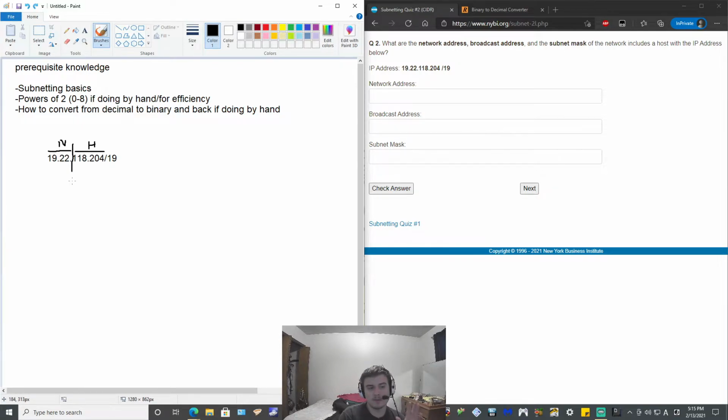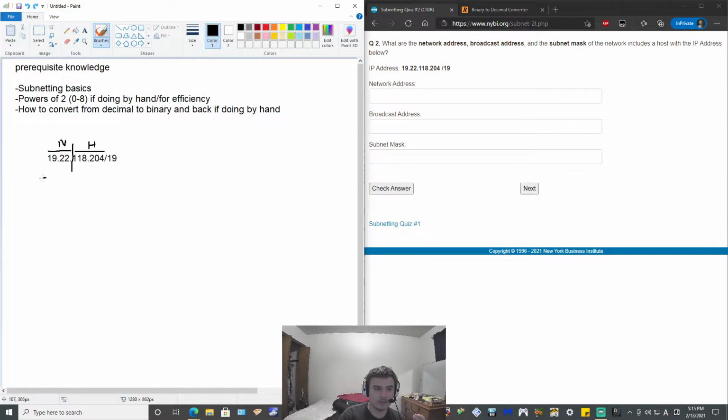Now, if you think of the subnet mask, we got 255.255. So what are the bits remaining? Well, if this was /16, we would have 255.255.0.0. But they borrowed 3 host bits and gave them to the network. So there's 19 network bits in total. If you think about it, 19 minus 16 is 3.